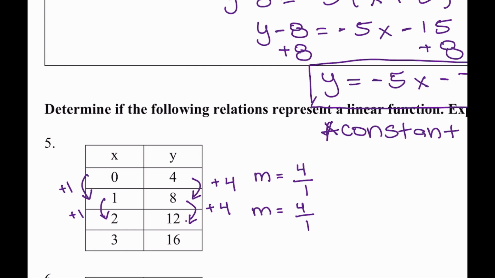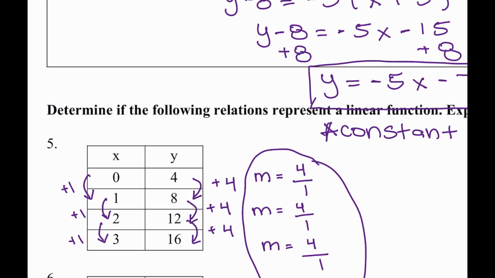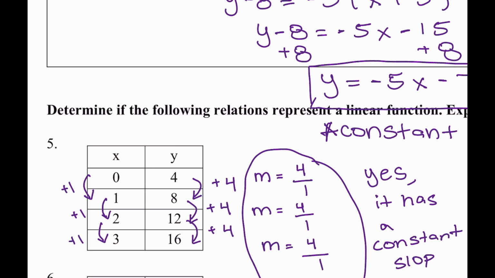And then to go from 12 to 16, I add 4. And from 2 to 3, I add 1. And so that slope is also 4/1. Since the slope was the same the entire time, this is a linear function because it has a constant slope. So number 5 is a linear function.